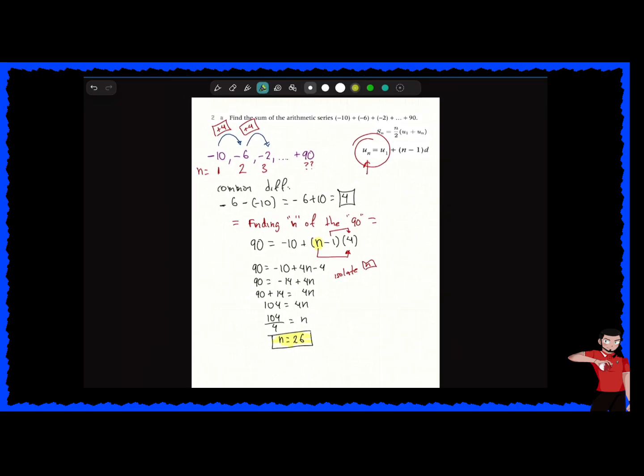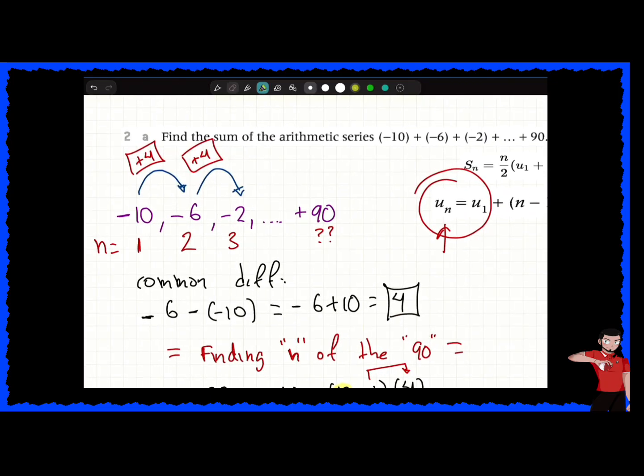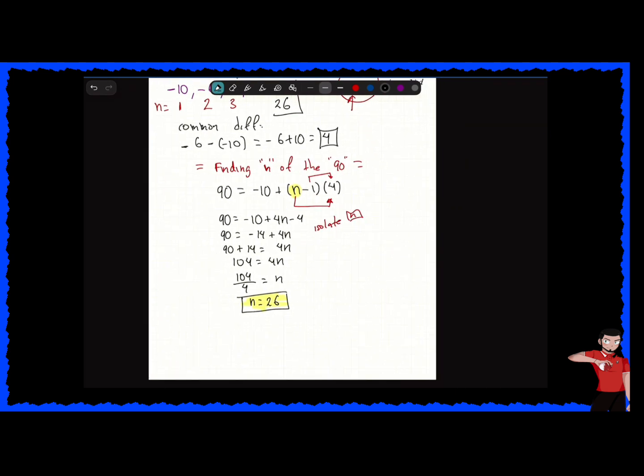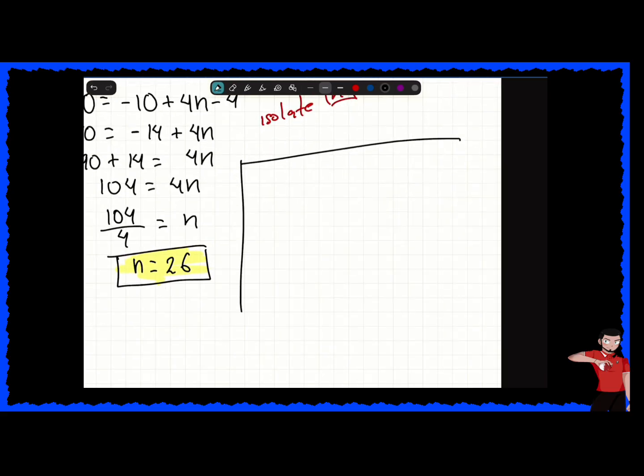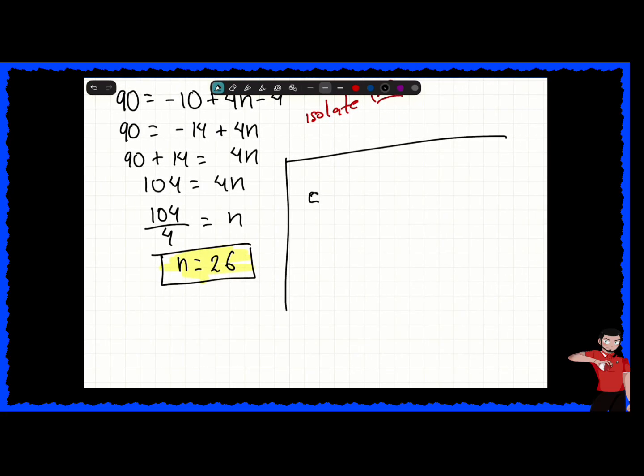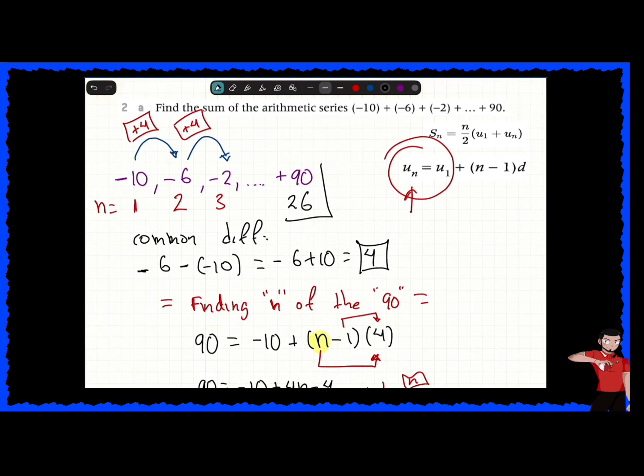What is missing? To find the sum. So now we are super sure that this position is the position number 26. Now we have position and the number. So we are super ready to use the new formula. Here, if you remember, the sum until the position 26 is going to be what? Pay attention to this.